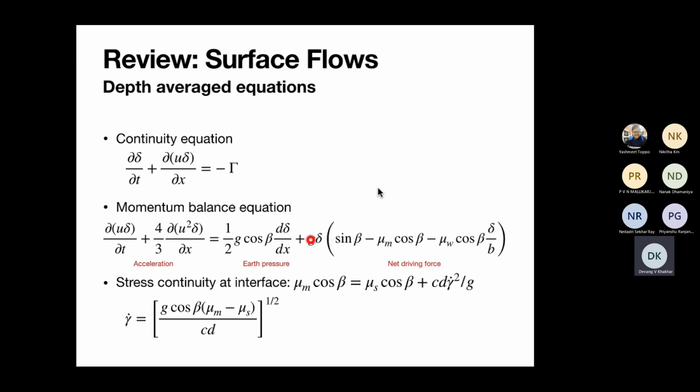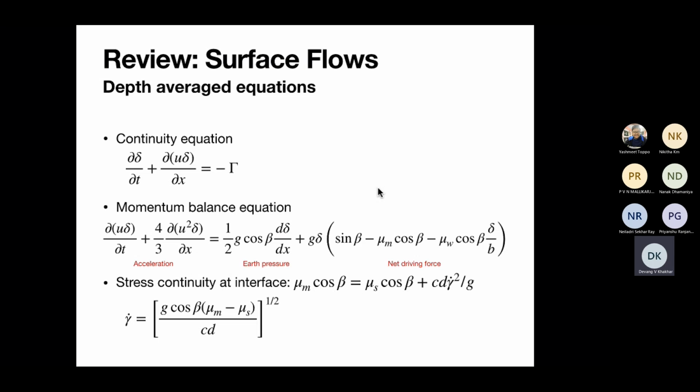This is the gravity force acting. And this is the resistance due to the friction at the base. And this is the resistance due to friction due to the walls. So this is the equation. So the acceleration is essentially due to some other driving force plus the gravity minus the friction.